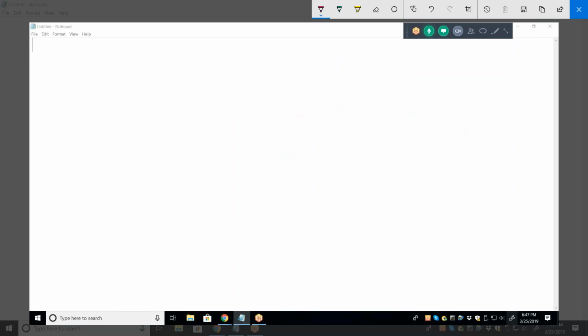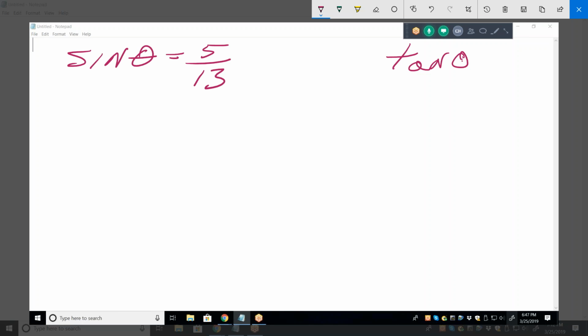Okay, what else do you got? Okay, so this one, I have to sketch the right triangle. It says sine of theta equals 5 over 13 and tan of theta is less than 0. Same problem. You see, it's no different than the others.